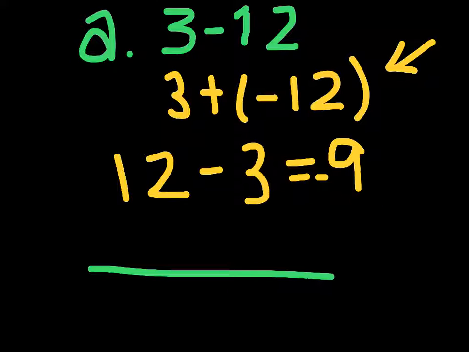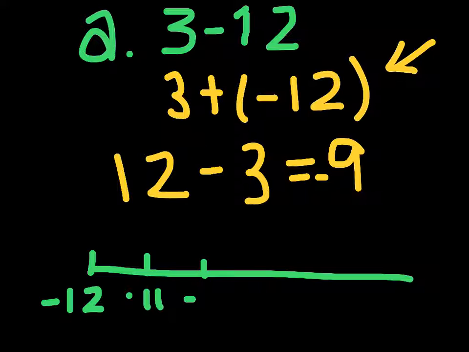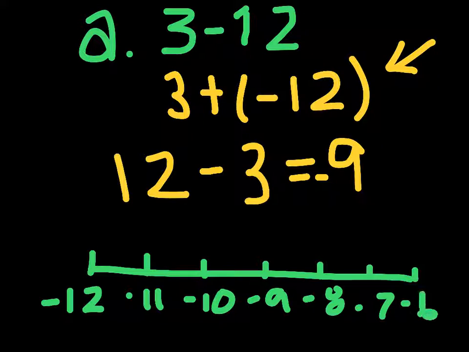We have our number line right here. So this will be negative 12 over here. Negative 12, sorry. This is negative 11, negative 10, negative 9, negative 8, negative 7, negative 6. So we're going to start on negative 12 instead of 0, because that's what the start of the problem was.